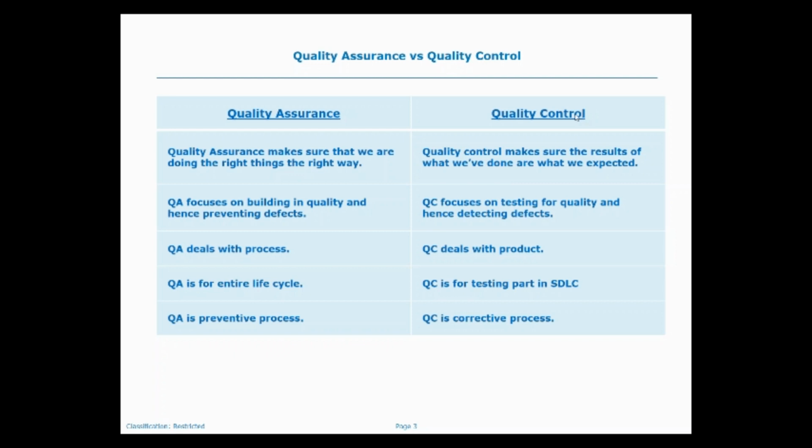The quality control process will deal with the product. That means you need to have software to perform quality control. Okay, and testing is part of quality control. So in quality control, it is a corrective step because already the coder has implemented it. There are already issues in it. Now you are going to find it and fix it.